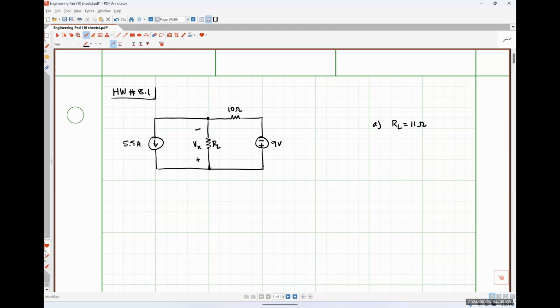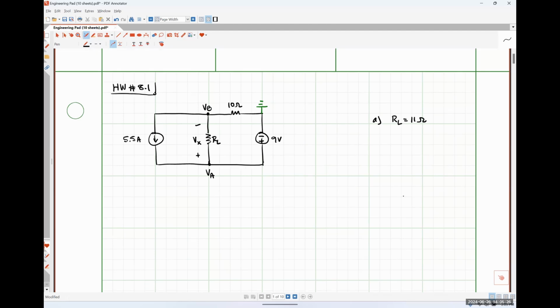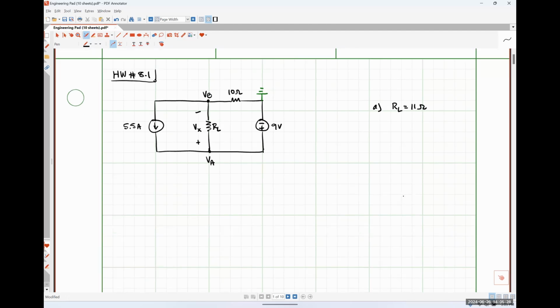Okay. So if we were doing nodal analysis to this particular circuit, I might choose my reference node to be here. And I would have a nodal voltage VA at the bottom node, a nodal voltage VB at the top left-hand node, like so. And those are my only two nodes that aren't my reference.